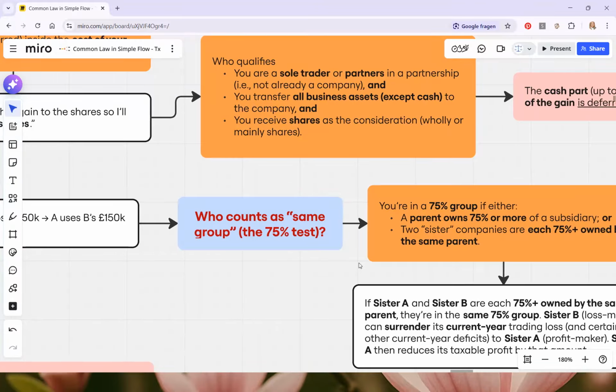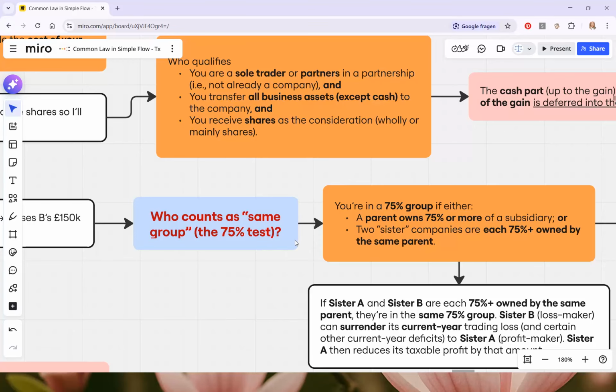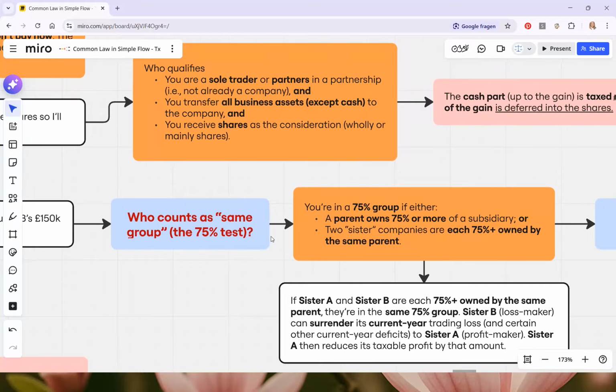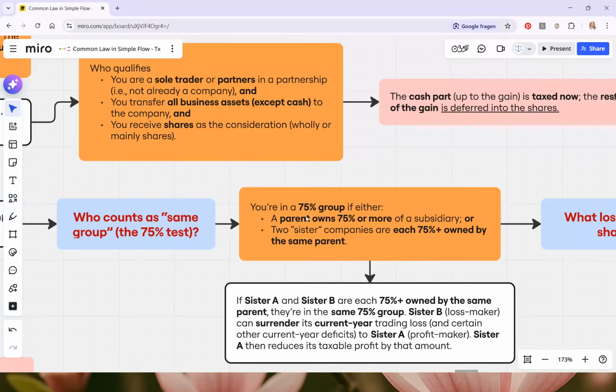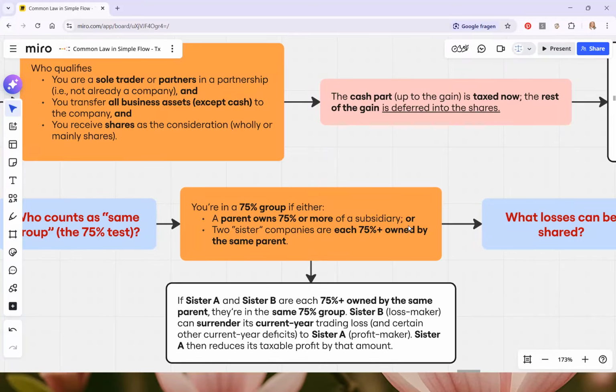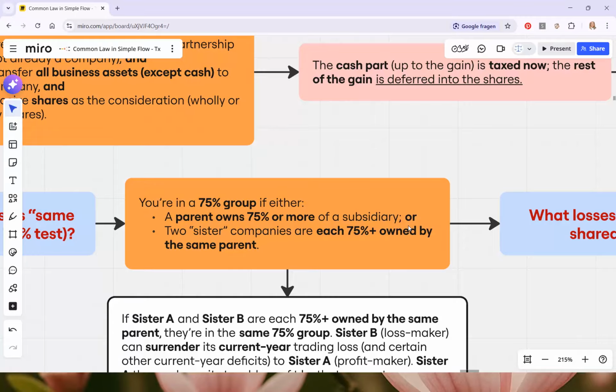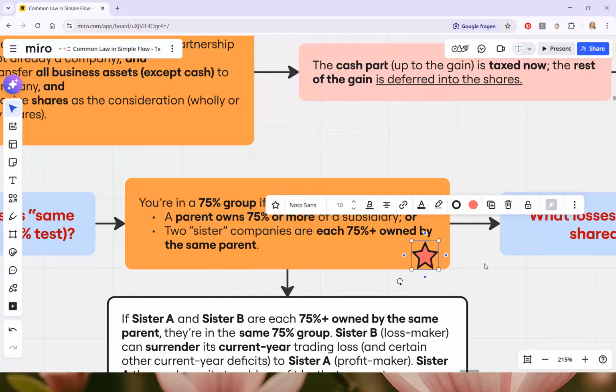So who counts as the same group? The 75% test. You are in a 75% group if either a parent owns 75% or more of a subsidiary, or two sister companies are each 75% plus owned by the same parent.